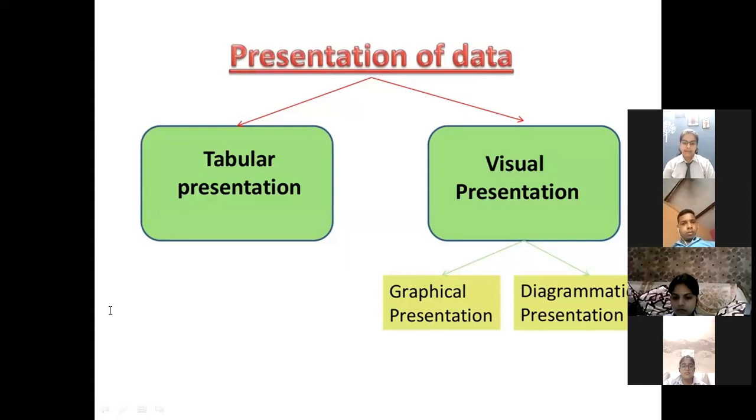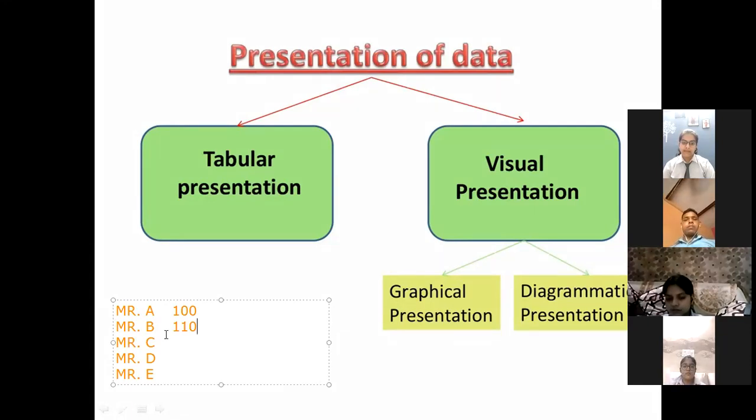Suppose there is Mr. A, Mr. B, Mr. C, Mr. D, and Mr. E. So there are 5 people in your class, those who are the classmates. Mr. A is getting 100 rupees as pocket money each month. Mr. B is getting 110.